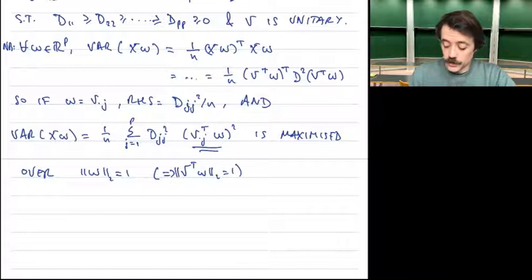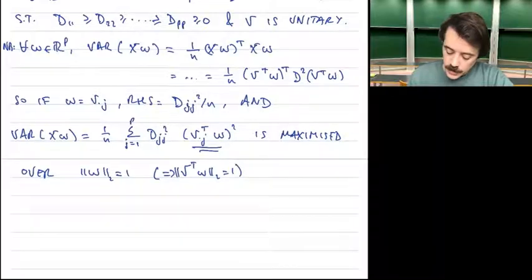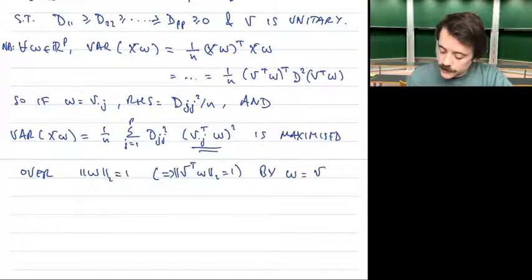And so, of course, if we wish to maximize this over this set of vectors, then what we want is to have all zeros except for the first entry, which we want to be exactly 1, because then we'll have achieved the maximum. So this is maximized by w being the first column.